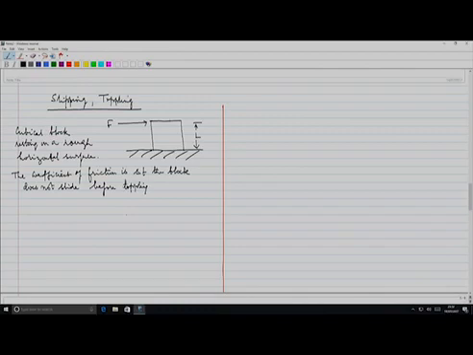So as the horizontal force is applied, there is a tendency for this block to move along, to translate. On the other hand, the coefficient of friction is so high, so what will happen? The block would only topple.